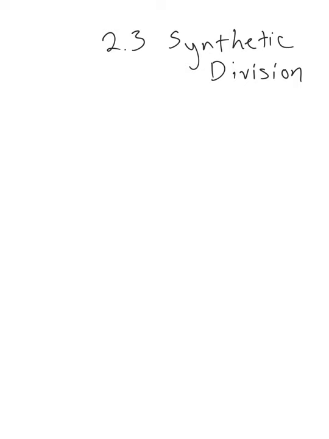Let's say you had a function. Let's say the function is x cubed plus 4x squared plus x minus 6. And to find one of the factors or a root, we can use synthetic division.